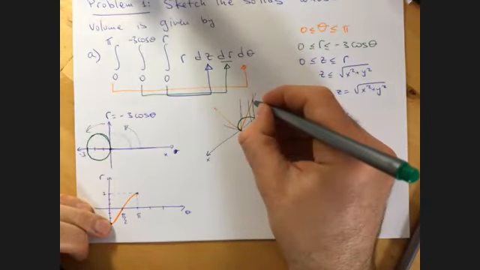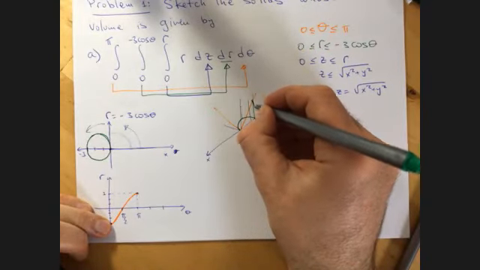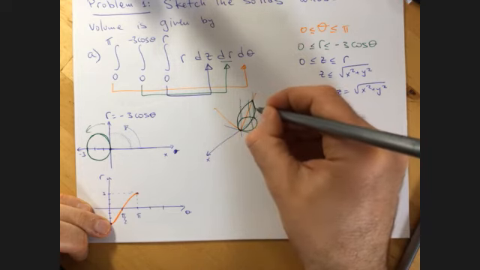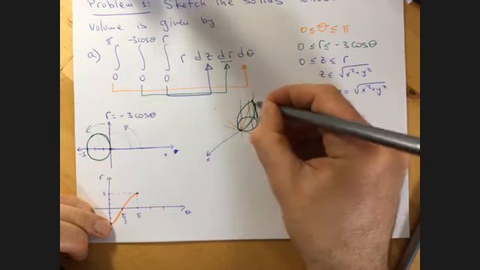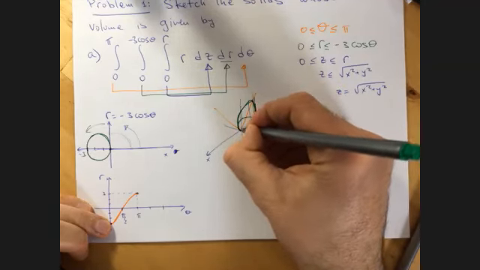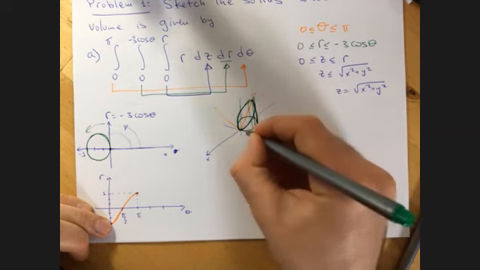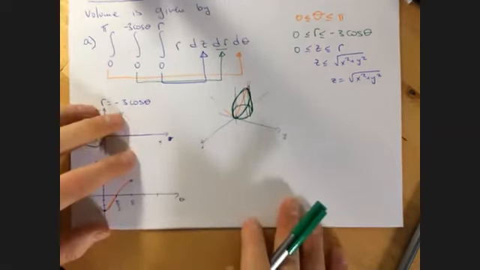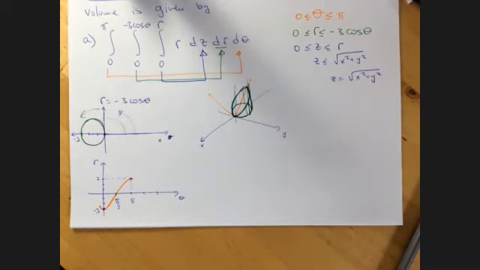The intersection is going to look like this. And this should be a real straight line. So that's the solid represented by this triple integral.